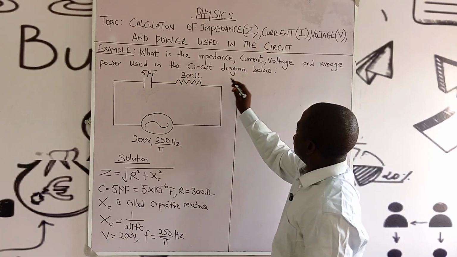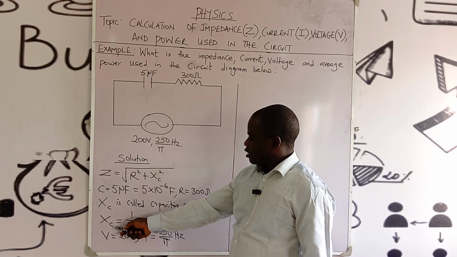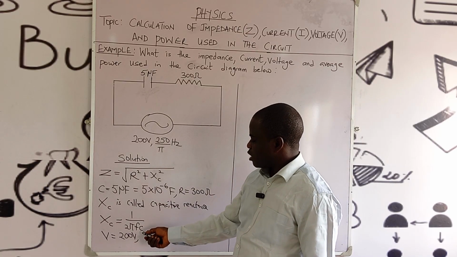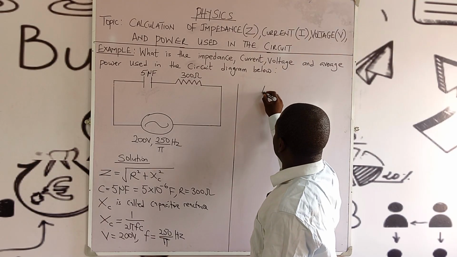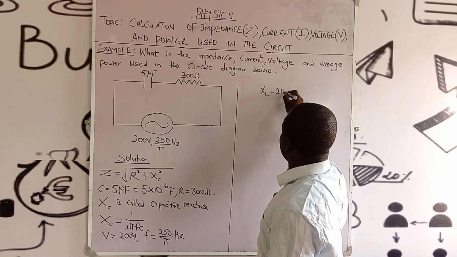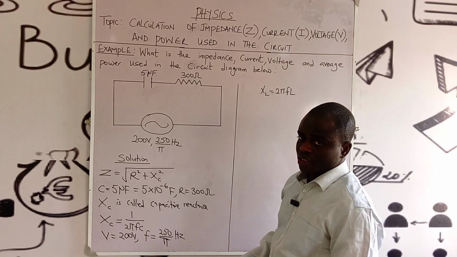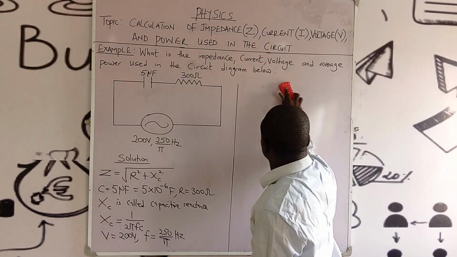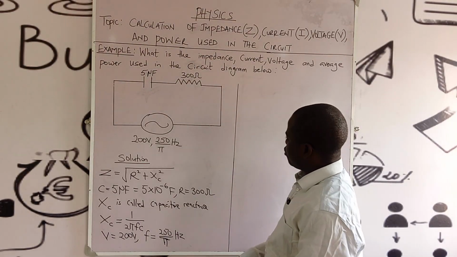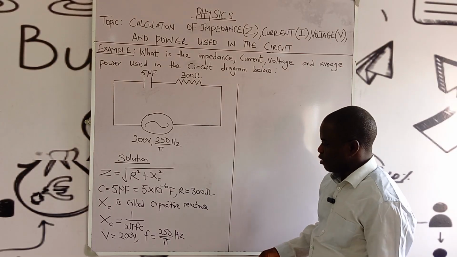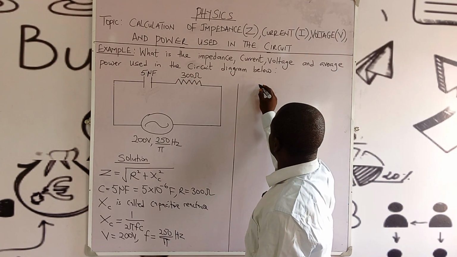Okay, and let's go to the capacitive reactance formula, 1 over 2 pi FC. If it is inductive reactance, it will just be 2 pi FL. Okay, but we are not solving a problem involving an inductor. And let's go back to our question.